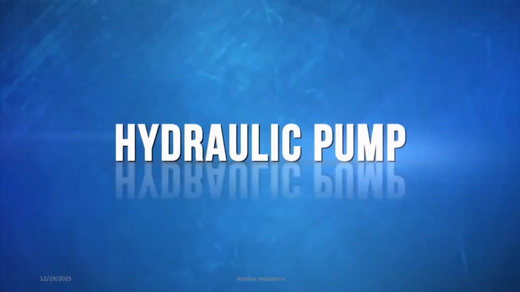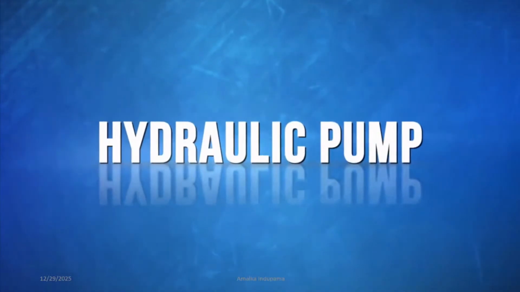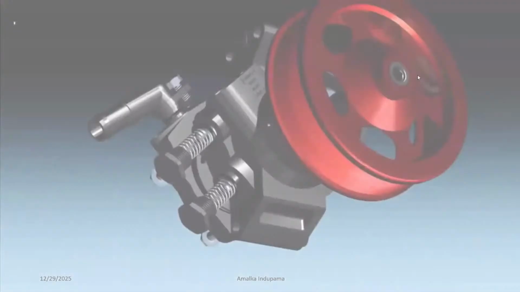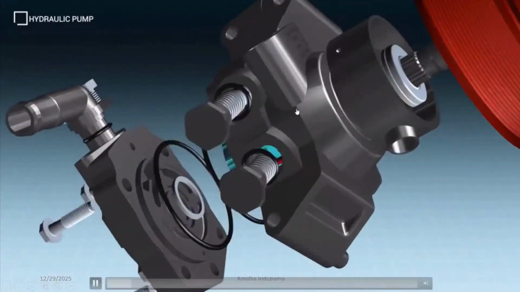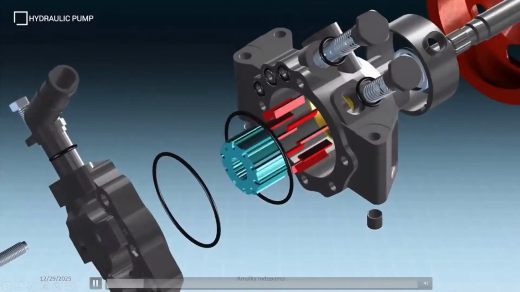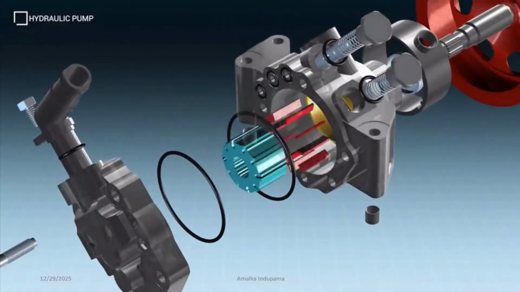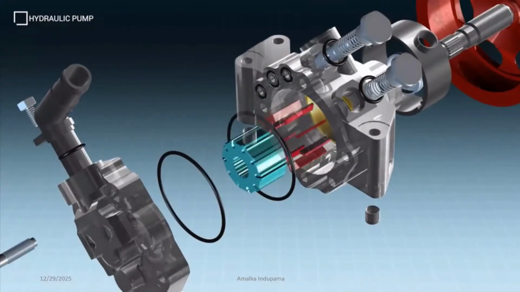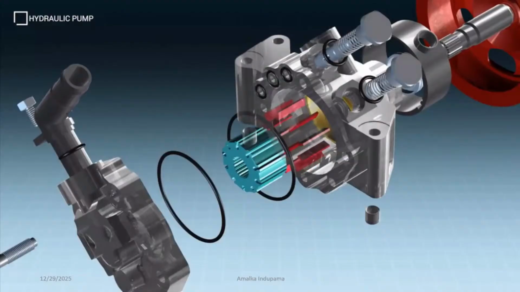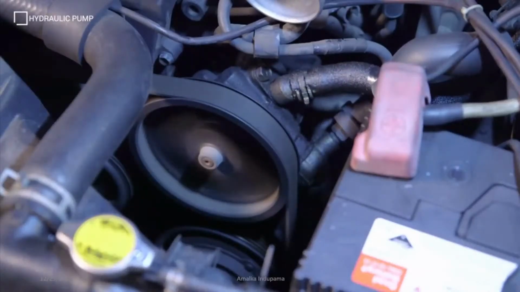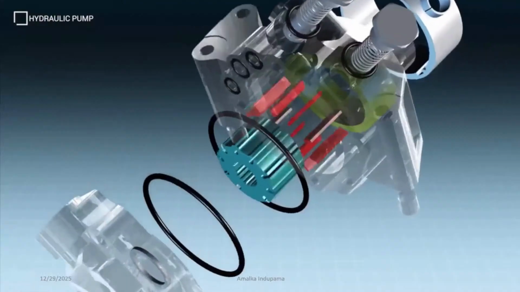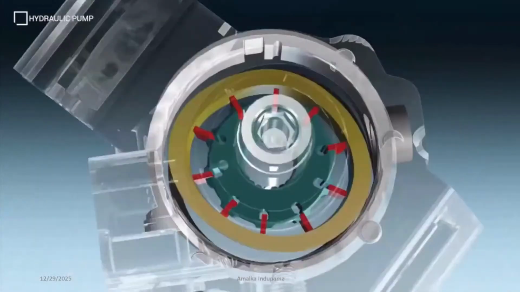So let me show you how the hydraulic pump works. The hydraulic pump creates flow within the steering system and provides the force required to operate the steering gear. The power steering pump is generally belt driven by the engine crankshaft. This means whenever the engine is running, hydraulic flow is maintained. The most common hydraulic pump is the centrifugal vane type.